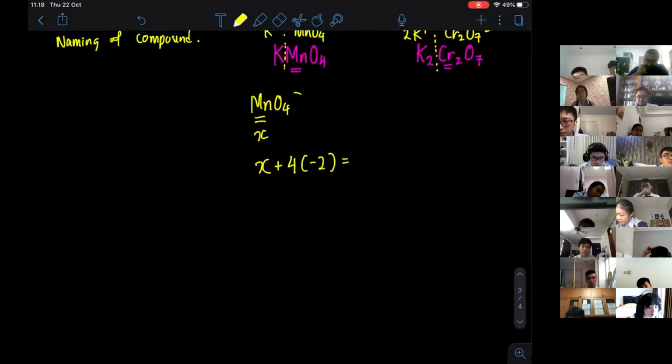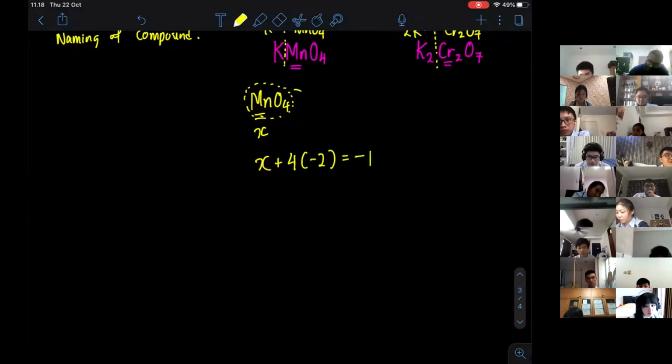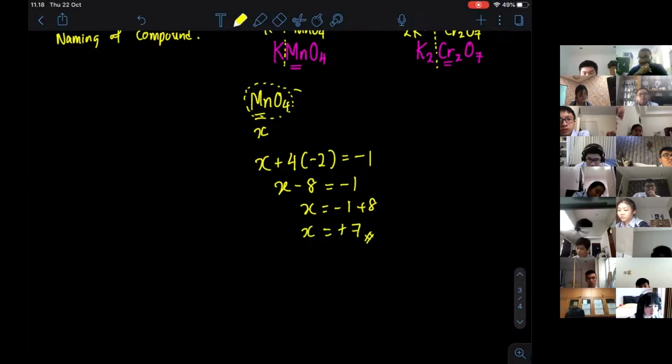Equals to what is going to be the overall charge for this ion? Josh? -1. Yeah. So I can have X equals to +7.